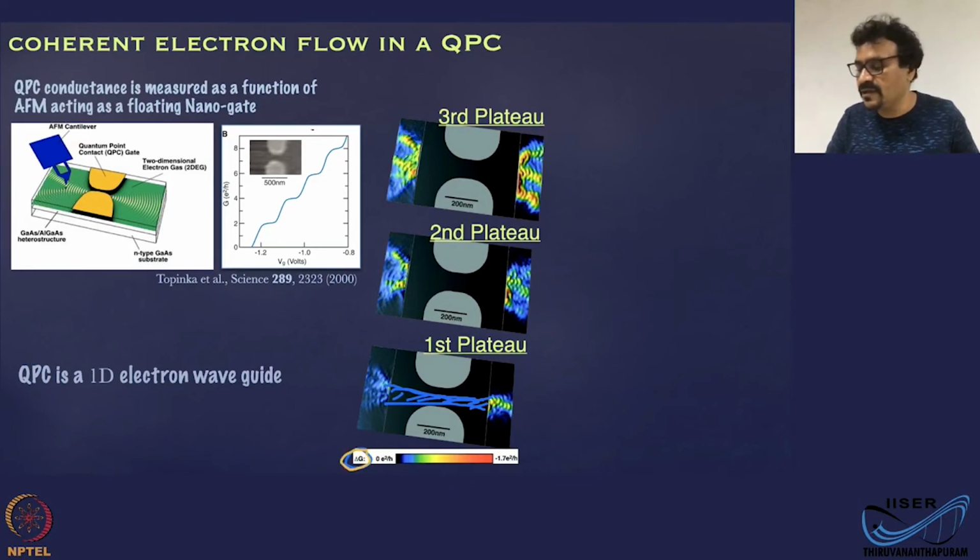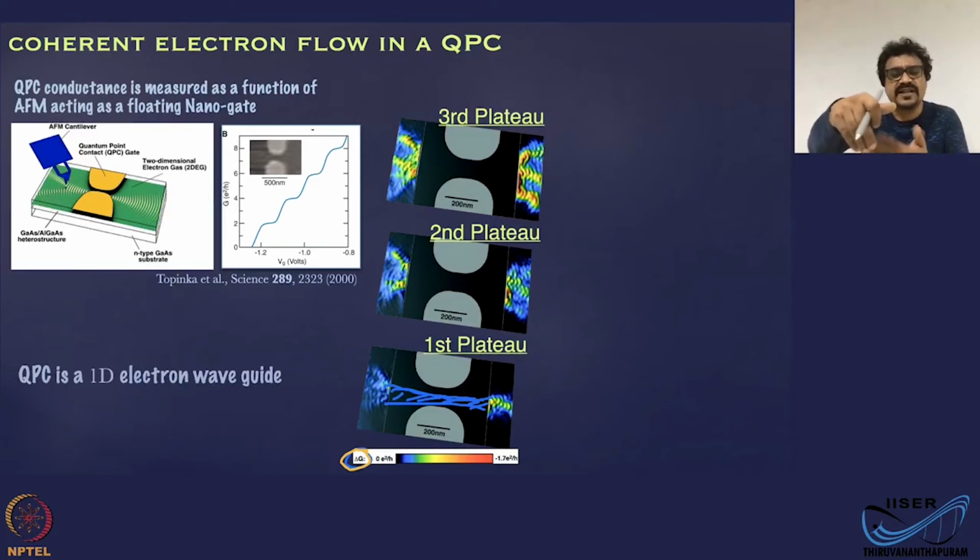Delta G plotted here is the change in the current. Because the tip is going to dent the wave function, or you can poke on it, and that is going to have an effect on the transport through the system. You can simply think that it's going to affect the ballistic transport, because it's going to provide a scattering center for the electron. But when it is too far from the center, the electrons are really not going there, because they are going to the center in the first plateau.